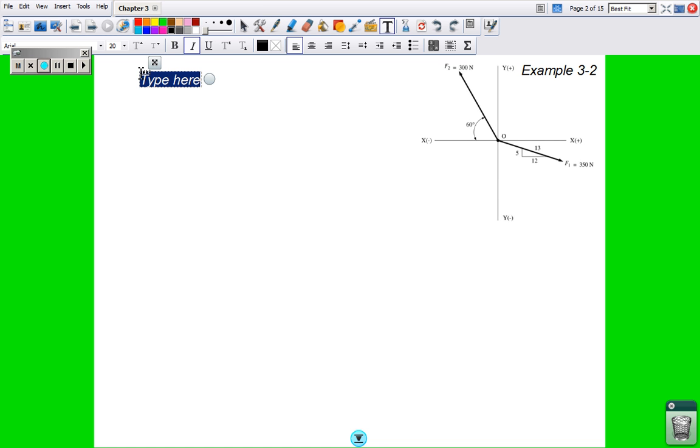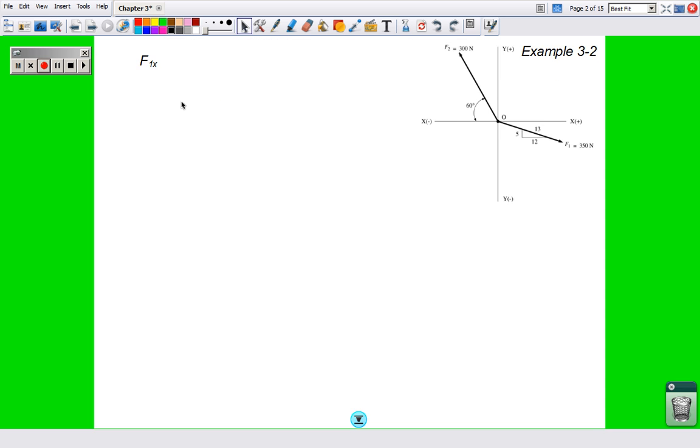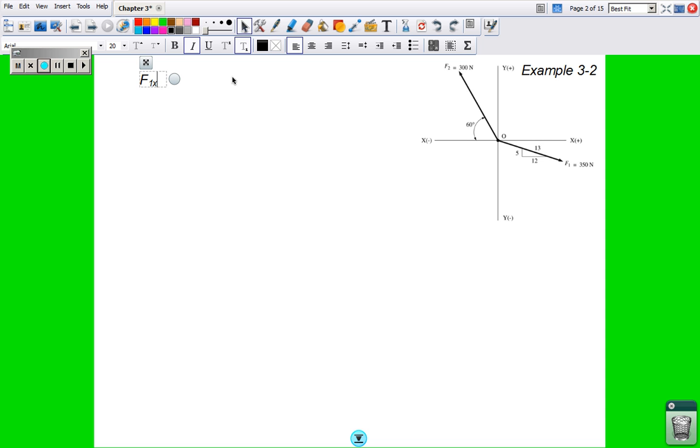All right, F1x is going to be equal to F1 times the cosine of the angle, okay?